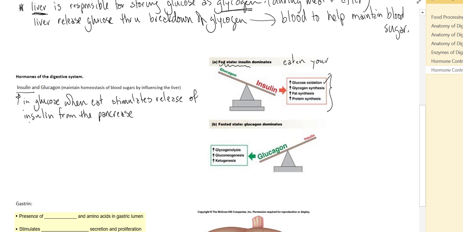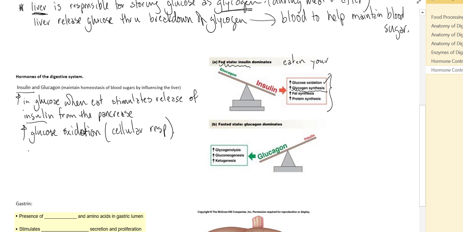So insulin will cause an increased glucose oxidation, and that makes sense with respect to cellular respiration. And here's where the liver comes in, it's going to stimulate glycogen synthesis.